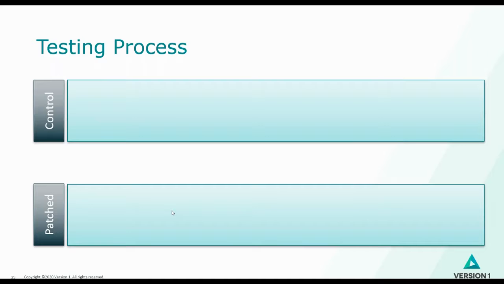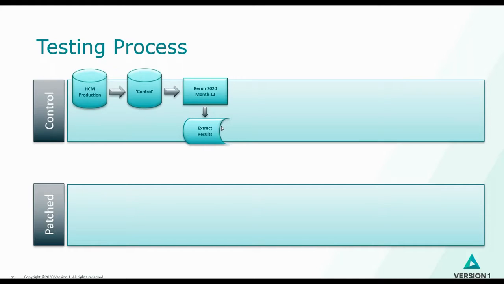What we would suggest you did was, just before your last period for the year is finalized, take a copy of that, move it into a control environment, even if it's only on a temporary basis that you will overwrite afterwards, and actually rerun the month 12 or week 52, 53 period, and extract all of the results that you might need to use in a compare a little bit later on.